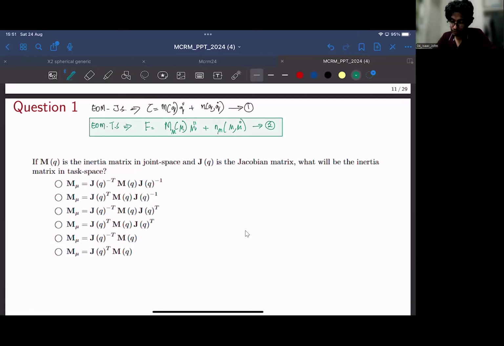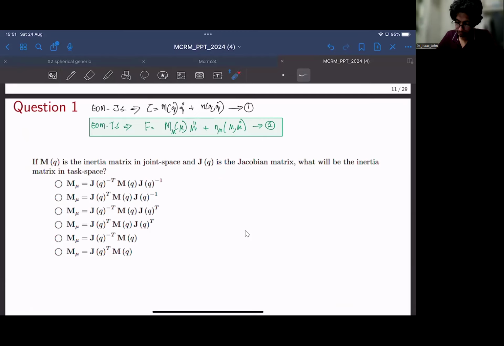Right? So if you are given the mass matrix and the Jacobian matrix, how would you find the mass matrix in terms of the task space?